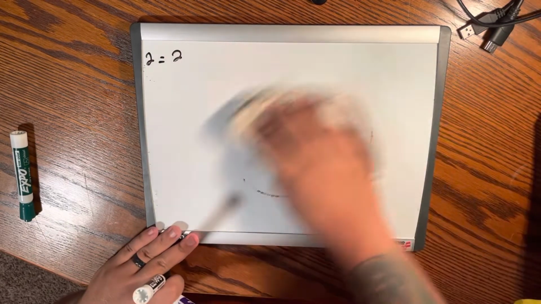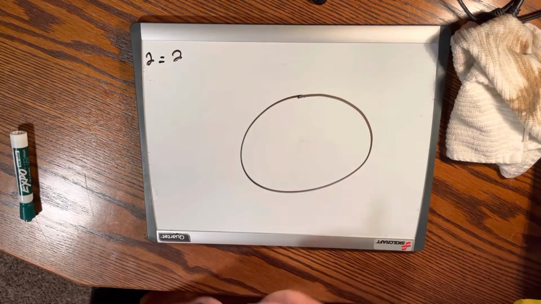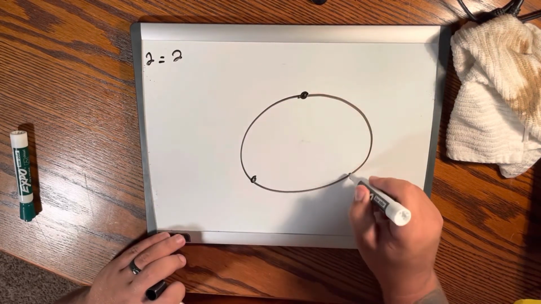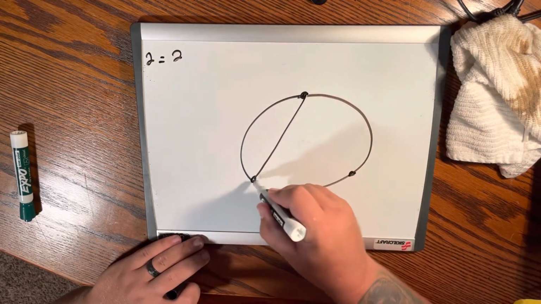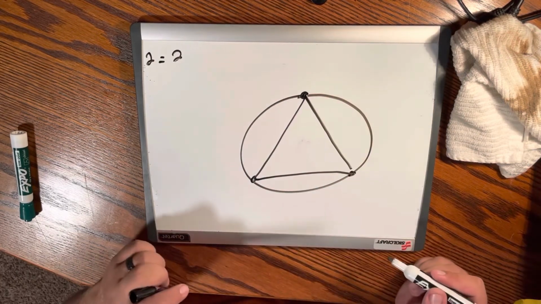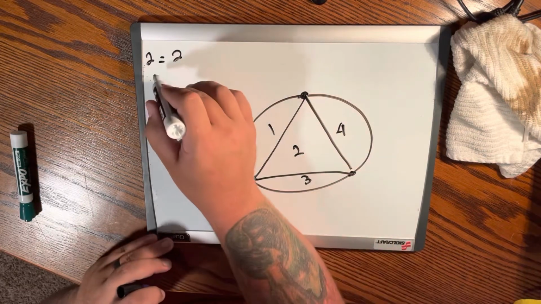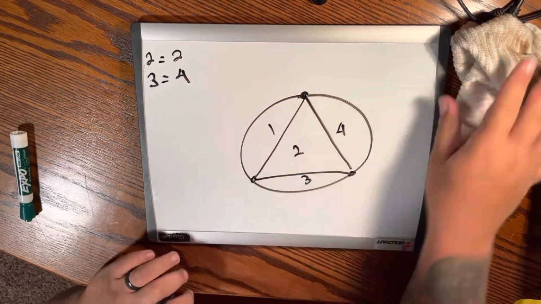Cool. Now 3 points. 1, 2, 3. All right. Now I've got this nifty little triangle. We got 1, 2, 3, 4. So at 3 points, we have 4 regions.